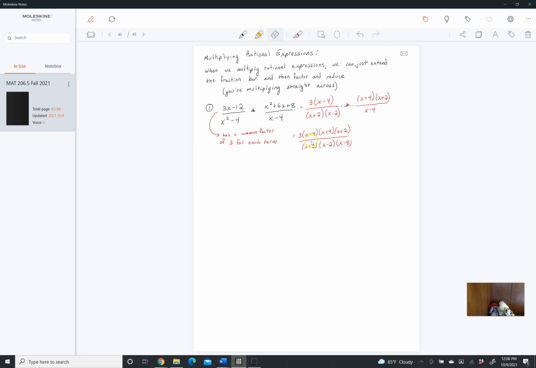Okay, notice when I put it as one fraction, everything gets put in parentheses. Why am I writing it like this? Just to make sure that you're okay with the fact that now we're just canceling. You have an x minus 4 on the top and an x minus 4 on the bottom, and an x plus 2 on the top and an x plus 2 on the bottom. You can go directly from here to this last step.